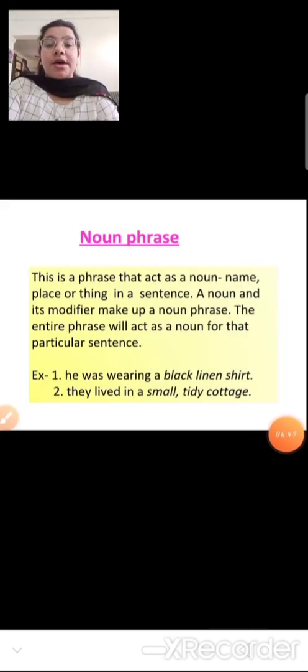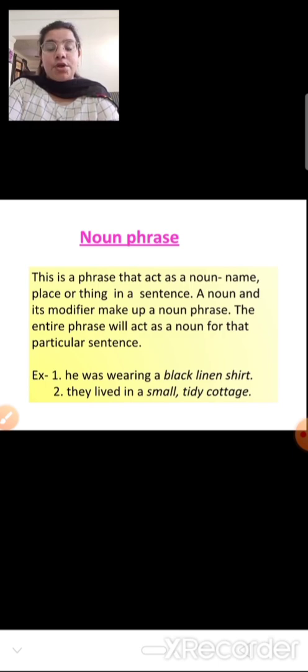So what is a noun phrase? A noun phrase will always have a noun, which can be a name, place or a thing, plus its modifier. The modifier, the word which is describing the noun, together with the noun will make a noun phrase.